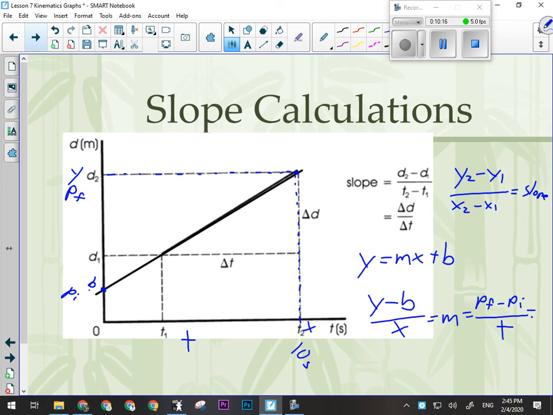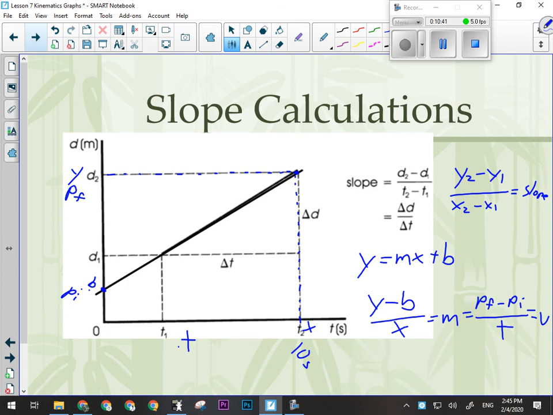That's where v = d/t comes from. We derive that formula from the slope of a position versus time graph. So again, this is why you don't necessarily need to memorize what everything represents. You can figure it out. I manipulated for slope and then I figured out what everything represented. y is a position, b is a position, x is a time.